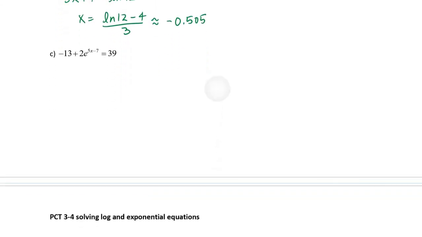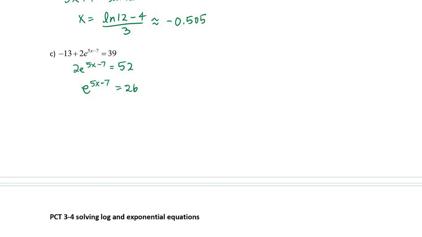Again, maybe try it on your own first. Start by adding 13 to both sides. And when I do that, I get 52. Then divide by 2 on both sides. Now I get 26. So e to the 5x minus 7 equals 26.